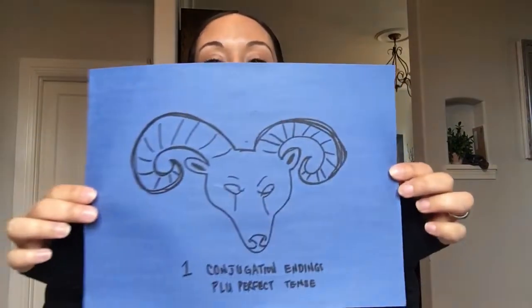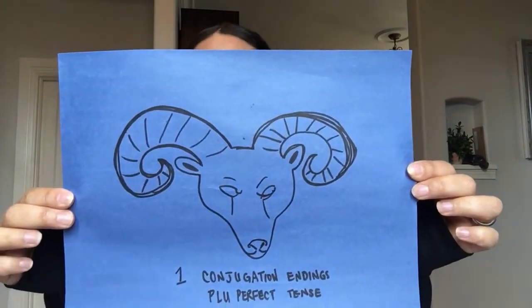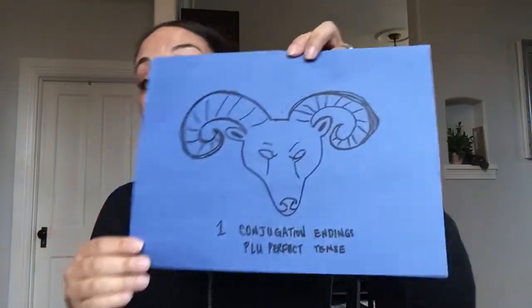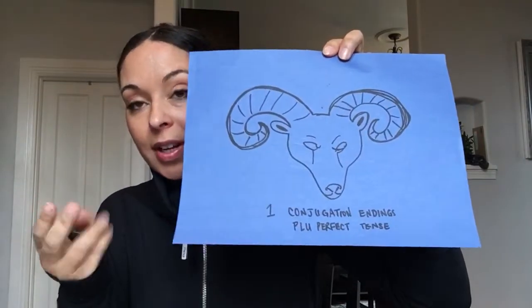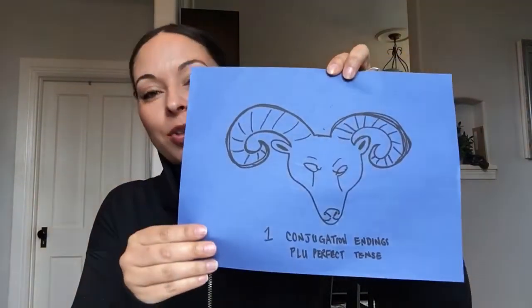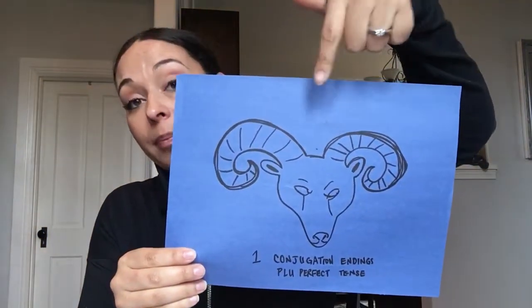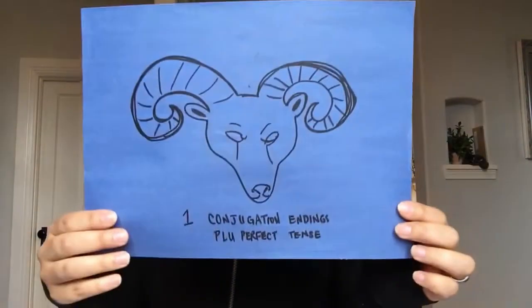Okay, for Latin we have first conjugation endings in pluperfect tense. To remember that, we have a blue ram joining us today. This is a blue ram to remind us that the sound is pluperfect tense, blue, plu, and also that the first sound of our pluperfect tense endings is a ram. So it sounds like this.